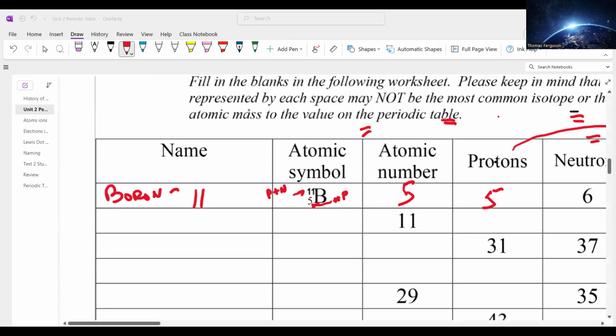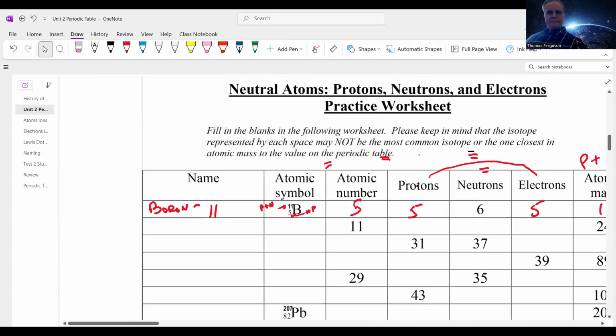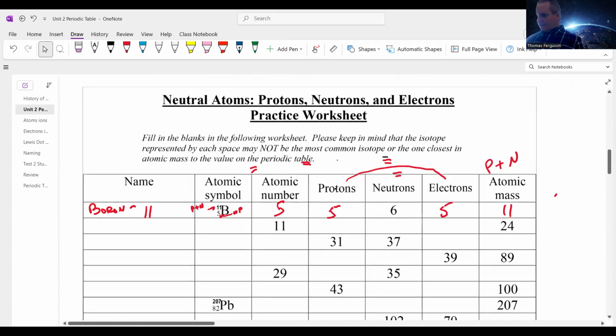Boron 11, notice the 11 and the 11. And at the other end is also 11. So there are three places that appears. You can see it here, here, and here. Three places. They should all match.